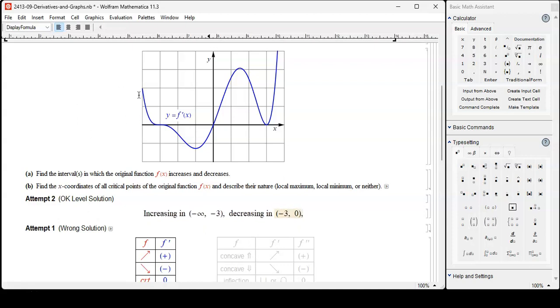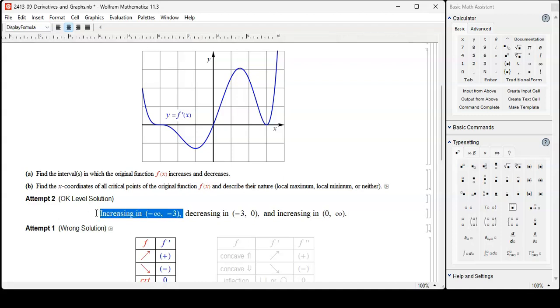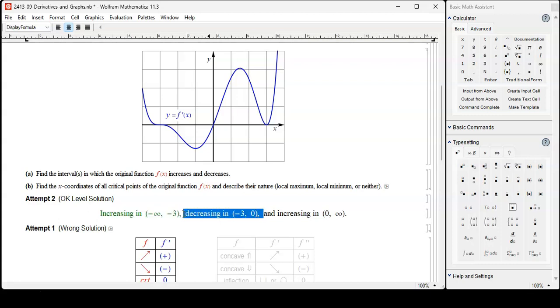You see, above the x-axis, below the x-axis, and increasing in 0 to infinity. It's basically like this: increasing, and then decreasing, and then increasing.